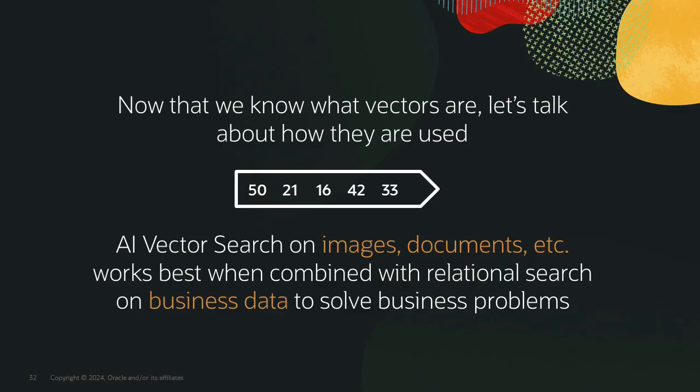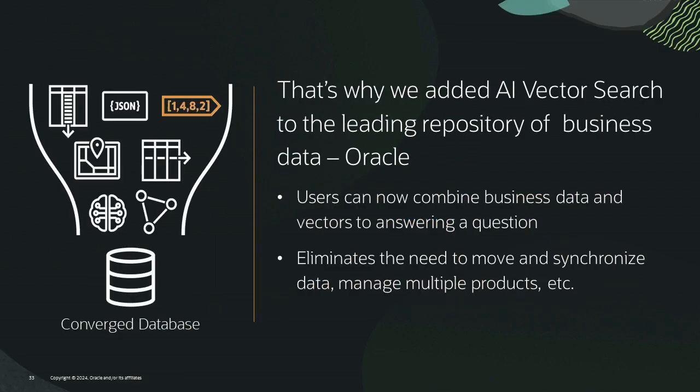So now that we know what vectors are, let's talk a little bit about how they're used. Vector searches are used to look through data, query on images and documents, and it really works best when it's mixed with other business data.